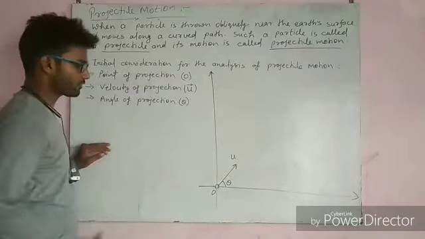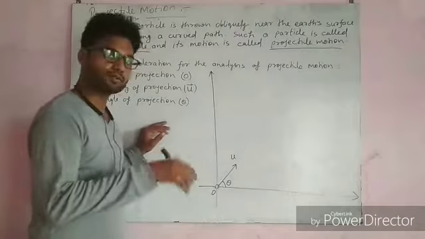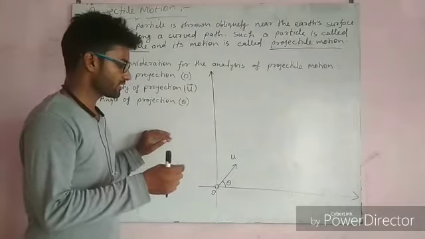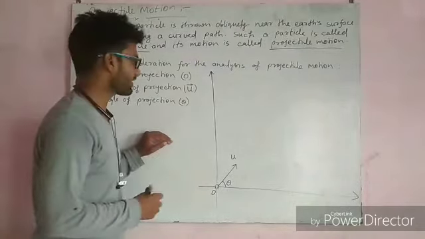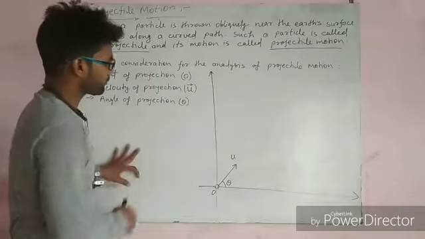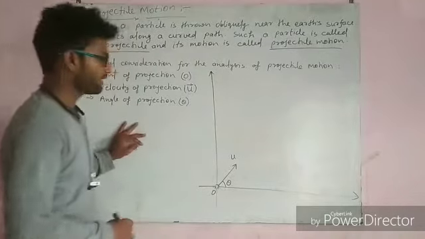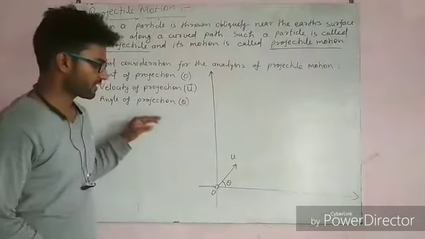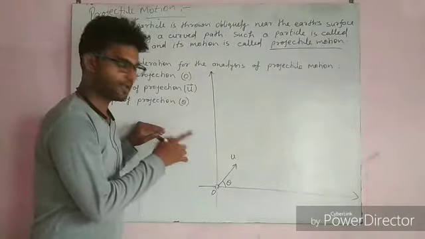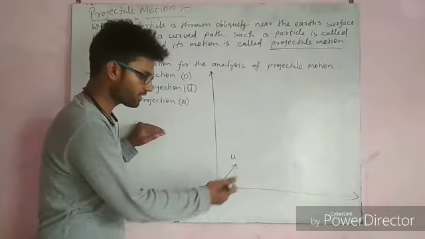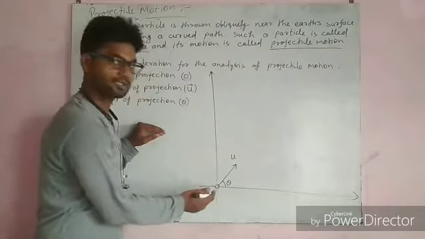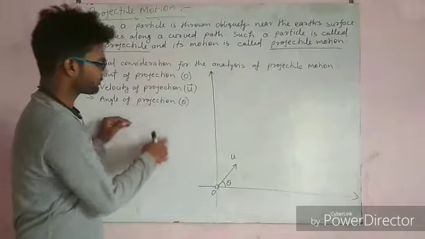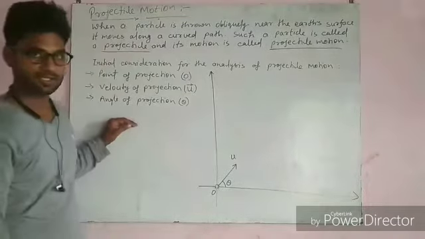Now velocity of projection. The velocity by which the particle is projected is called the velocity of projection u, right? Then next one, angle of projection. The angle made by the velocity with the horizontal axis is called the angle of projection and is represented by theta.